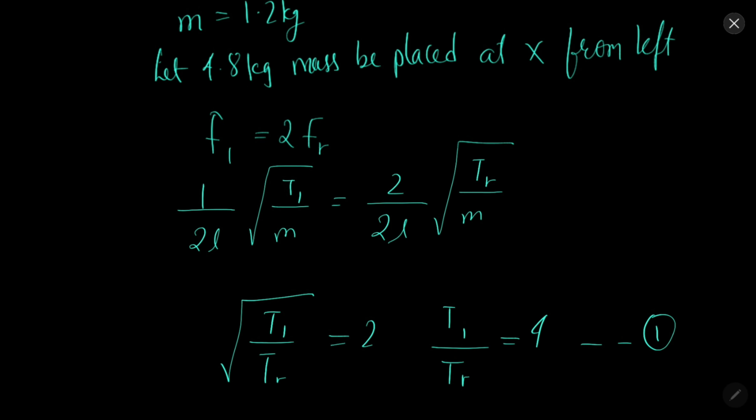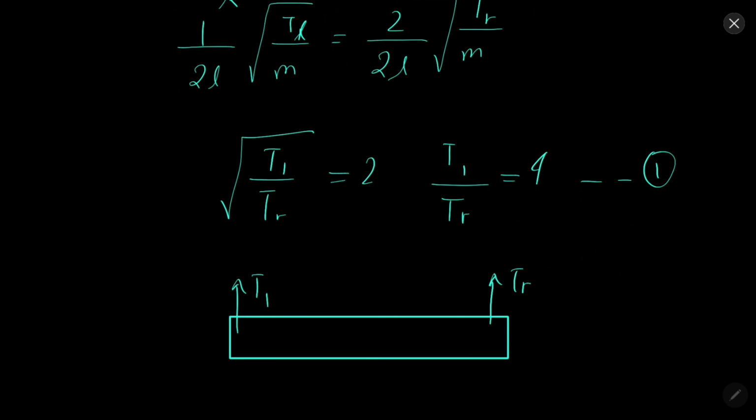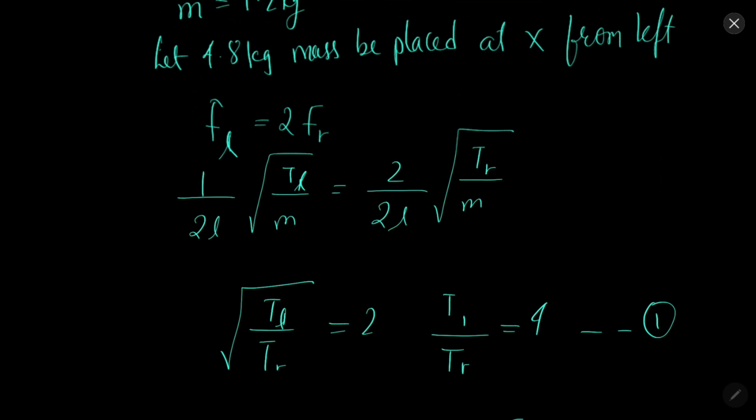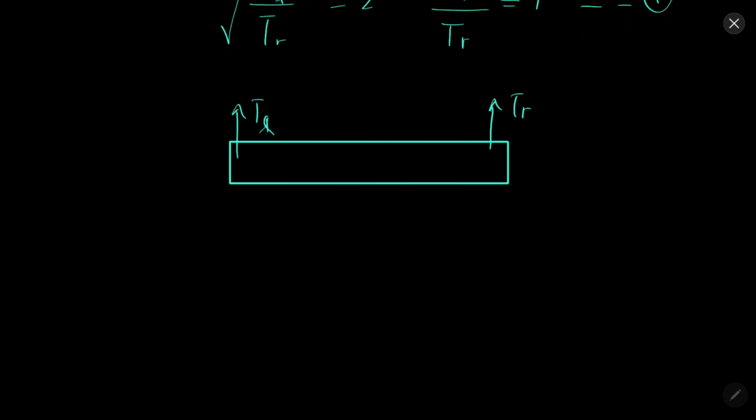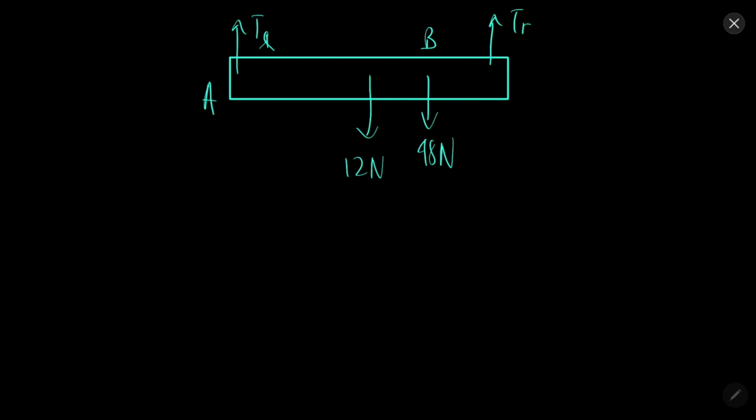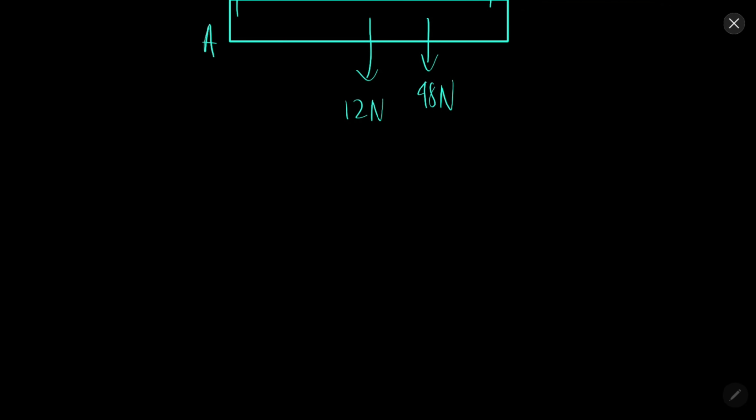Let's call this L, so that left and right is not confused. 12 Newton weight, 48 Newton, B point, A point. So we will have this equation: T1 plus TR equal to 12 plus 48, that is 60 Newton.